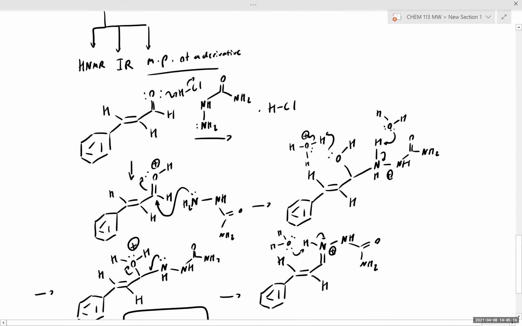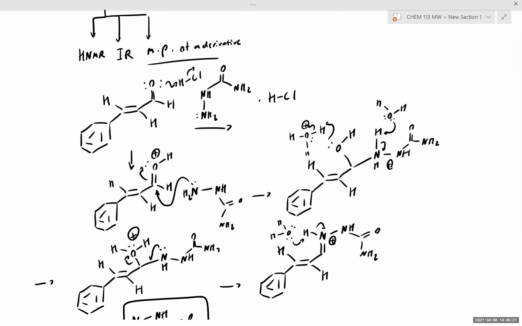So in this case, we're going to react cinnamaldehyde with this hydrazine derivative, semicarbazide hydrochloride, and we'll form the imine product. Just like any other imine formation mechanism under acidic conditions, we're going to protonate the aldehyde carbonyl.